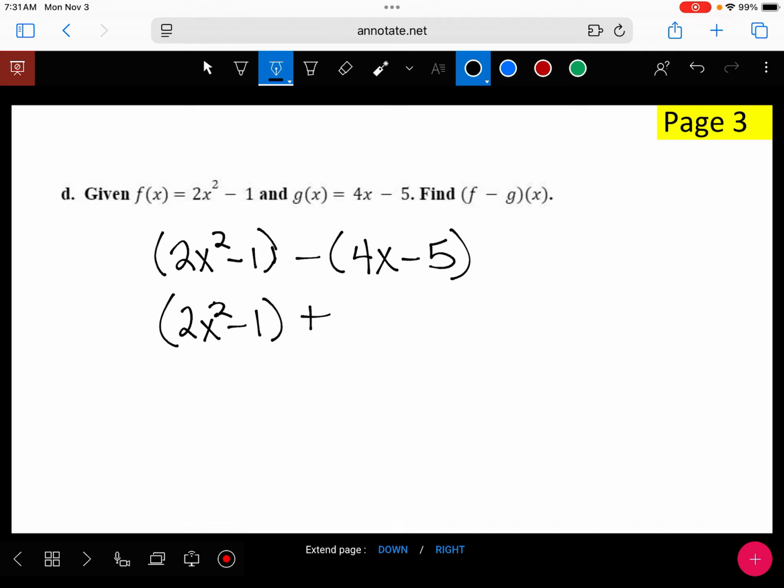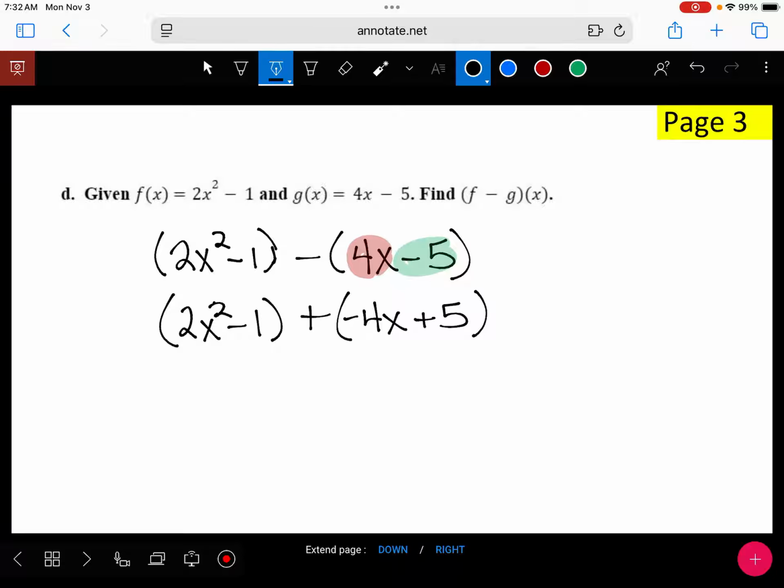In order to change it to an addition question, I have to change the sign of both of these terms. Michael, what am I going to write inside of the parentheses when I change the signs? Negative 4x plus 5. Good.